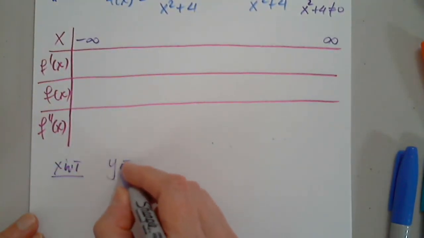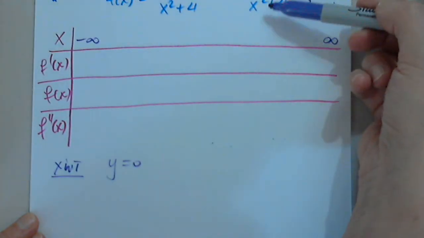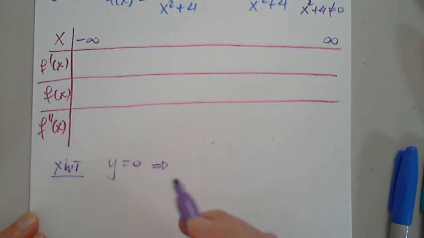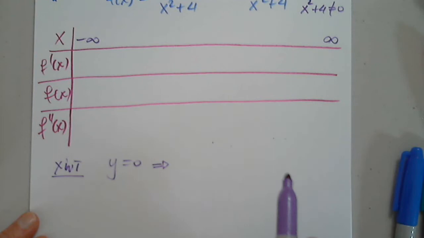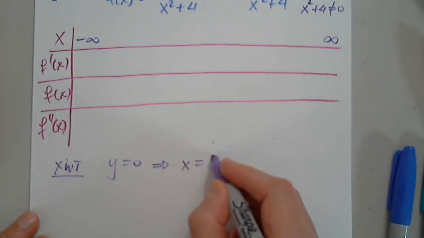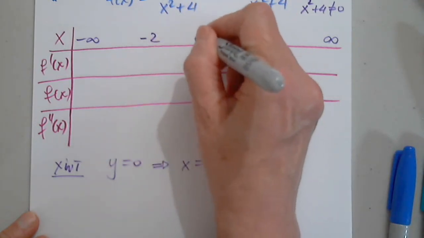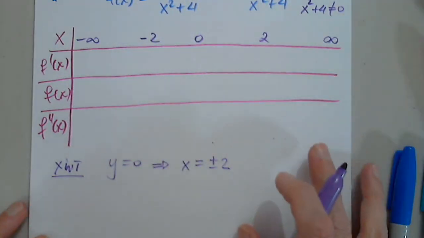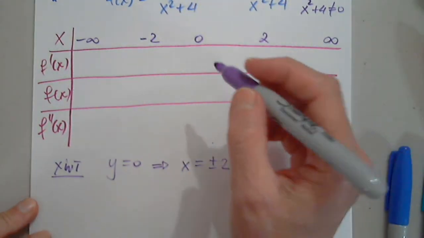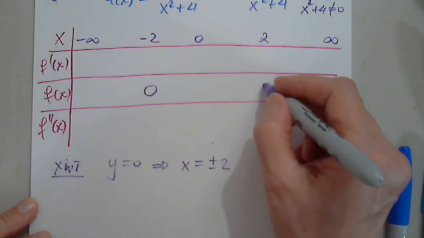We have to set the function equal to 0. When is a fraction 0? When the numerator is 0. Very good. So then x equals plus or minus 2. So -2, 0 has to be in the middle, and 2.